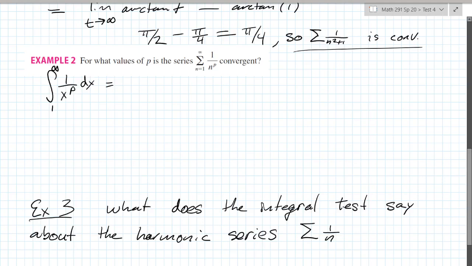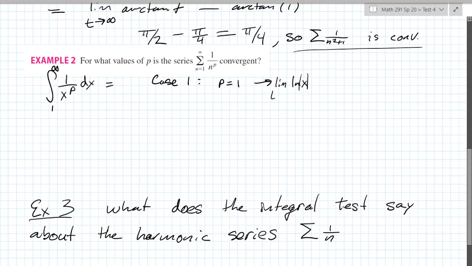So I guess we could start with case 1, p equals 1. If p equals 1, what happens? Then we have 1 over x, and the integral becomes the ln of x, of course with the absolute value.